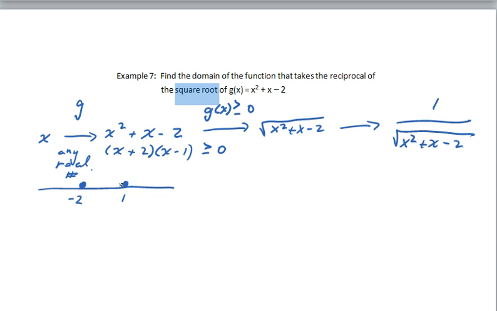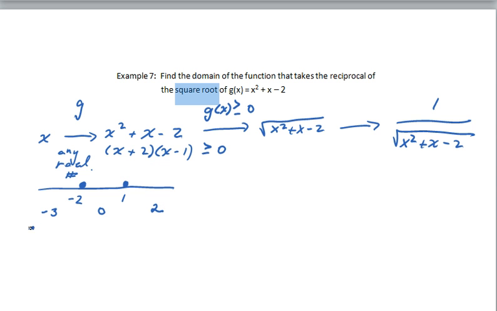Now, we most likely will not be including all three intervals this time, but in order to tell that, we're going to check with a test value from each of the three intervals. So negative 3 would be in the leftmost interval, 0 in the middle interval, 2 in the rightmost interval. Those are arbitrary numbers in each of those intervals.